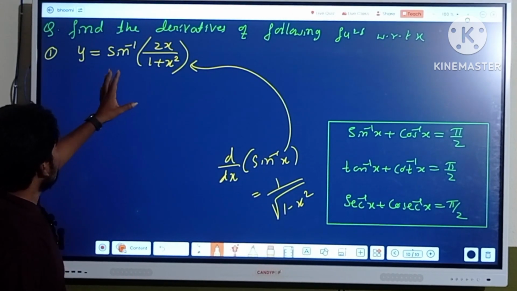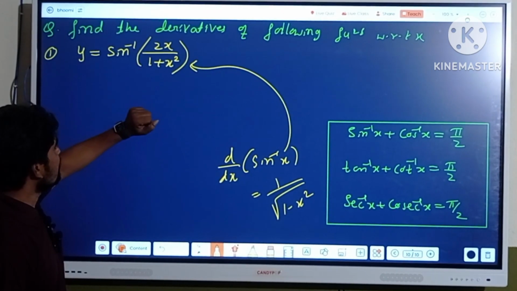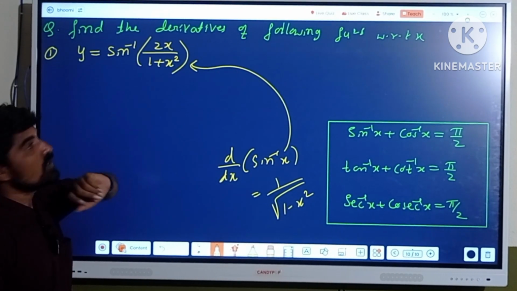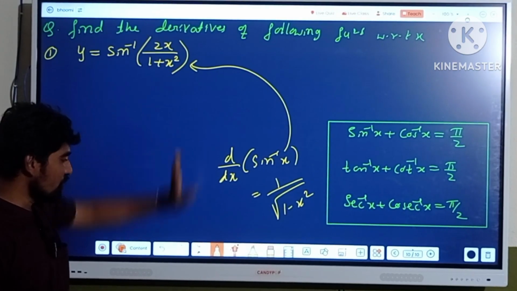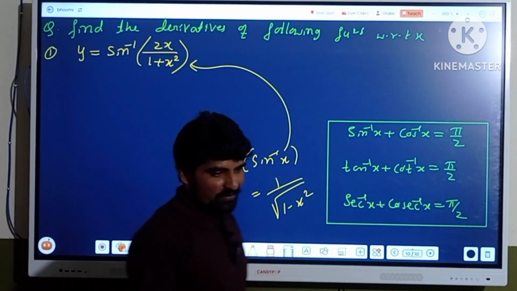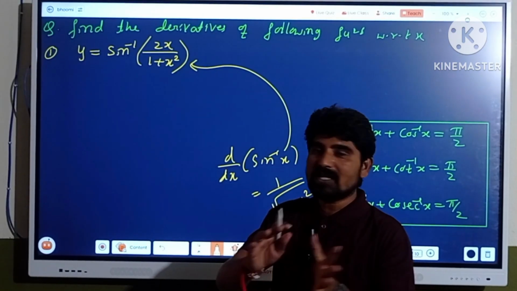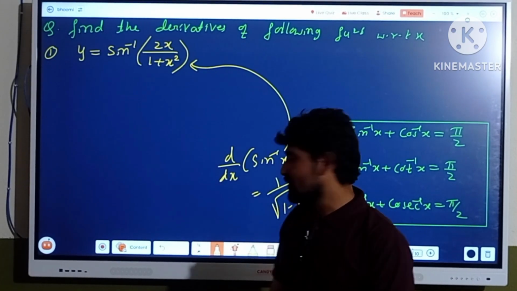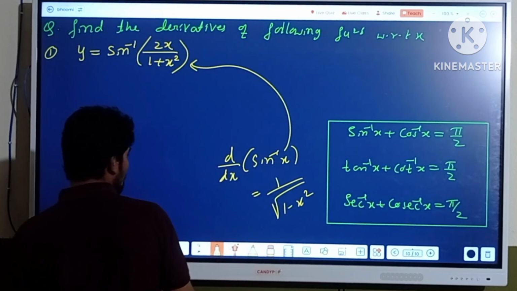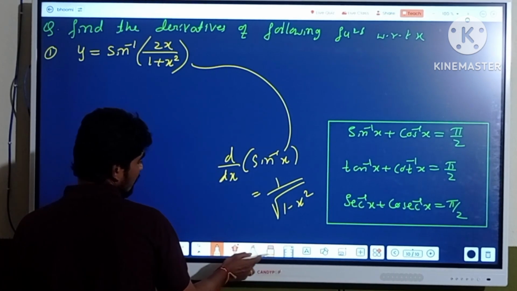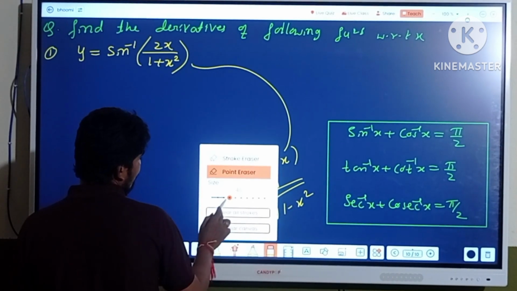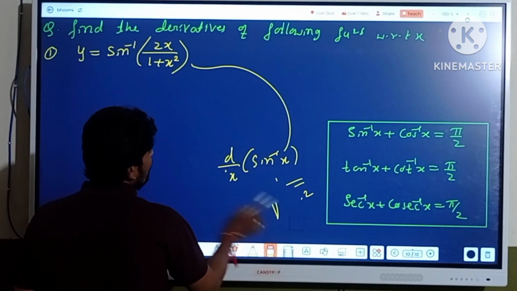So to find out the derivative of this inverse trigonometric function, it is very complicated. Complicated in the sense x is in the form of u by v form. So to find the dy by dx for this type of inverse trigonometric functions, first we need to write their simplest form.